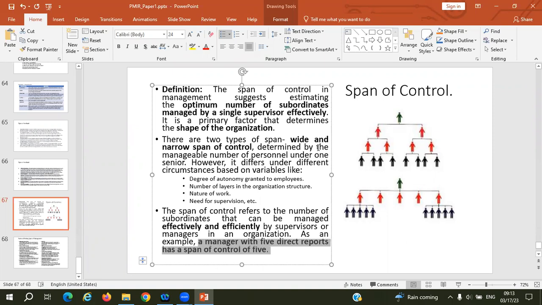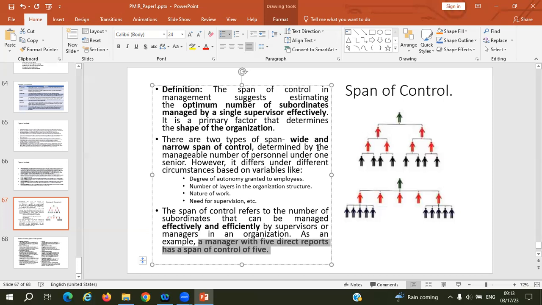Suppose you are at the top, you can manage only 2 or 3. Then those three may have another three each, and they have another three each. So that means your organization may have 50, 60 employees, but ultimately you are managing only two or three.